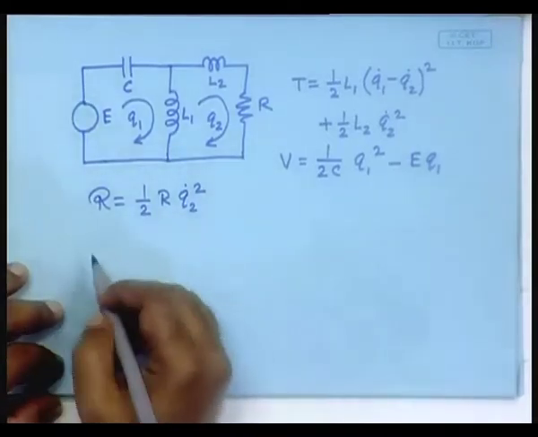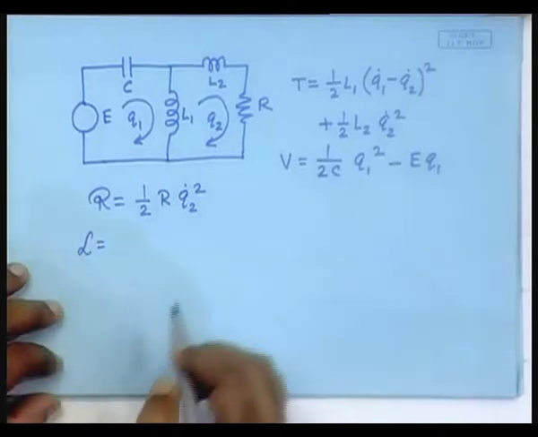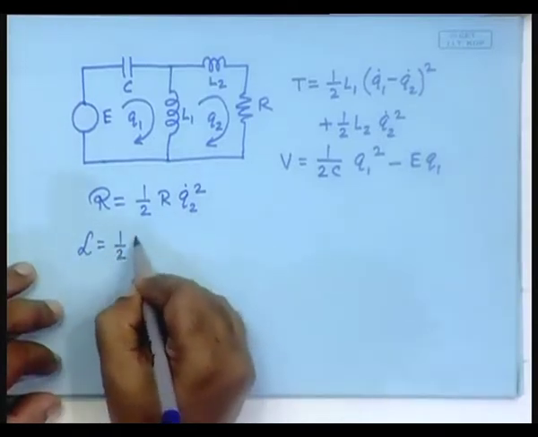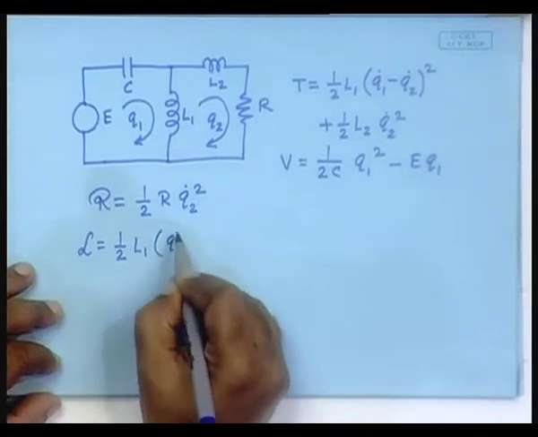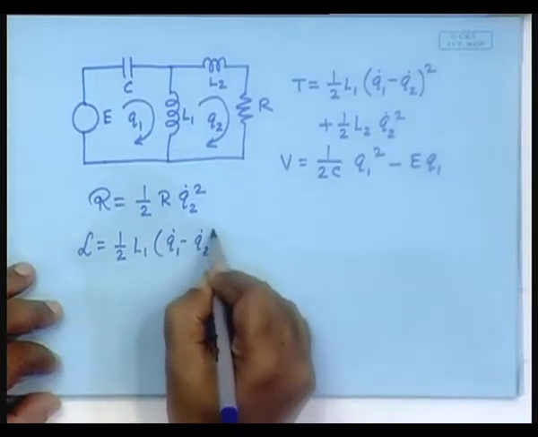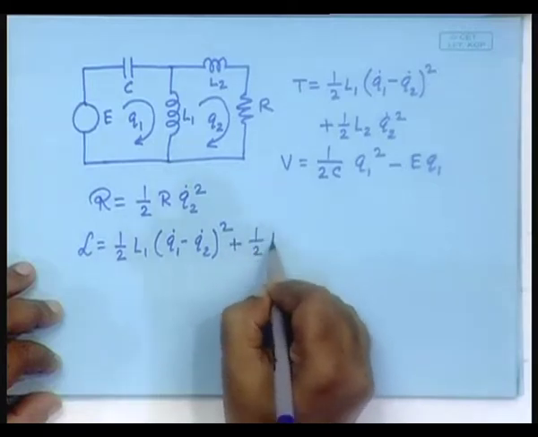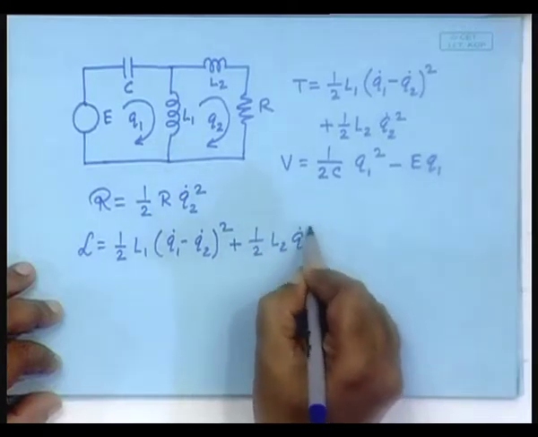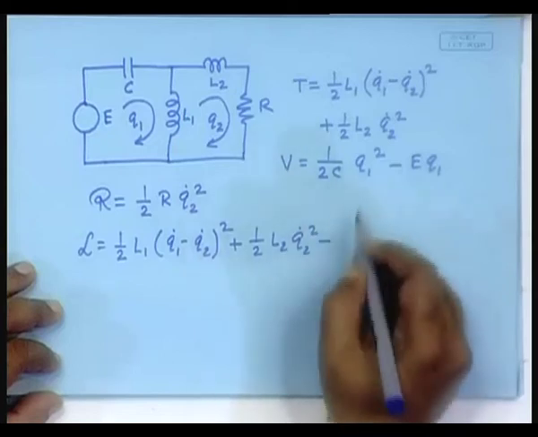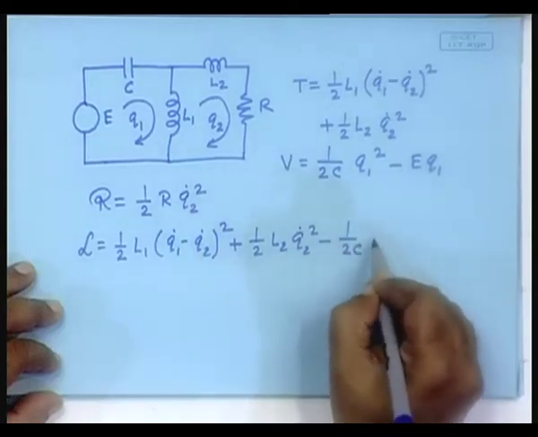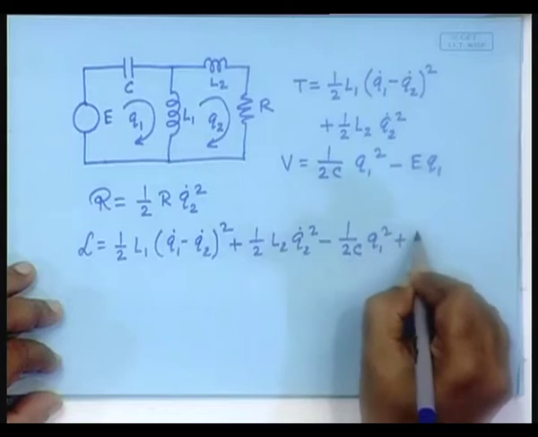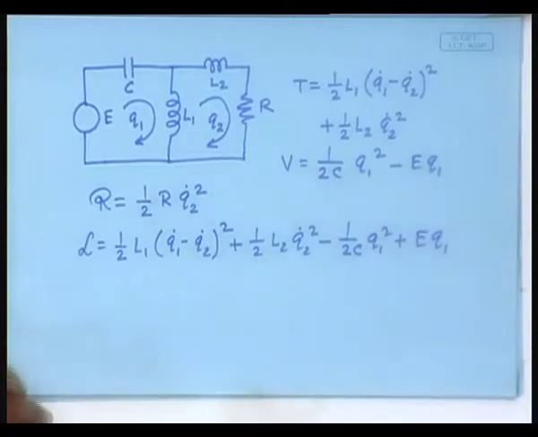So, from here your Lagrangian is half L 1 (q 1 dot minus q 2 dot) square plus half L 2 q 2 dot square minus 1 by twice C q 1 square plus E q 1. Good.